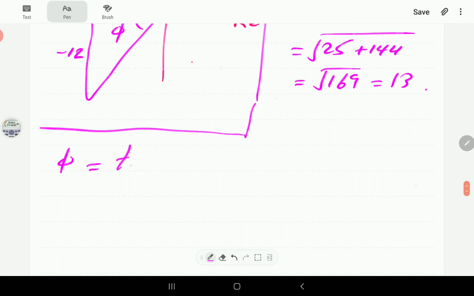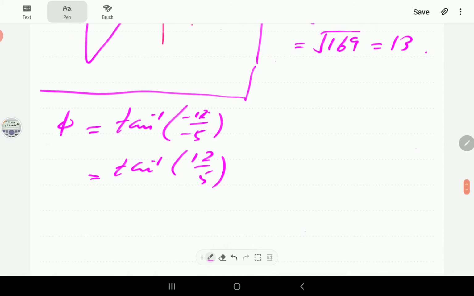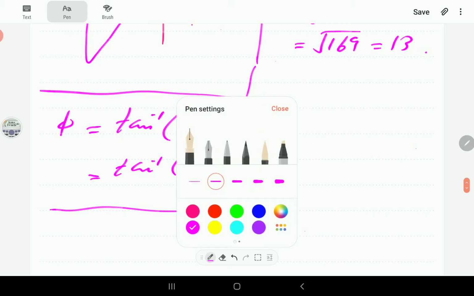So phi is inverse tangent negative 12 over negative 5, so it's just inverse tangent 12 over 5. Of course, this is not going to be an exact angle because the two sides dictate that the angle is not a special angle.